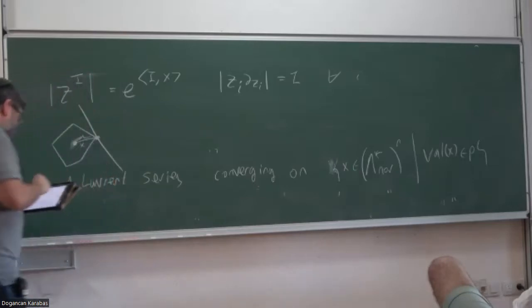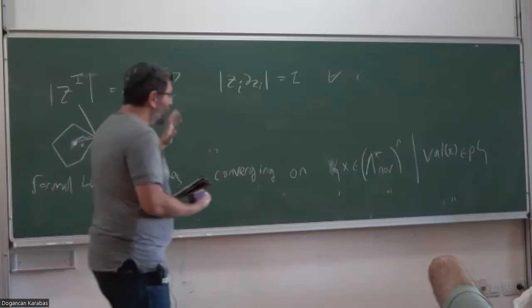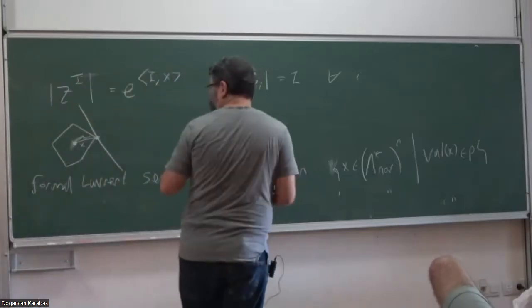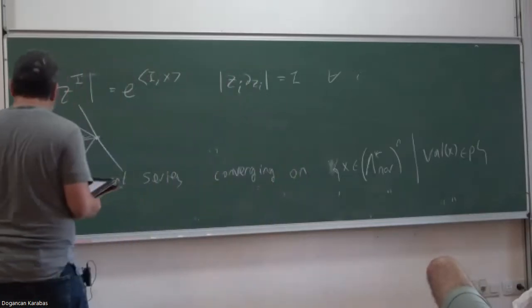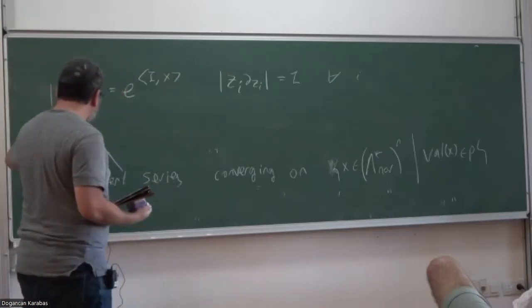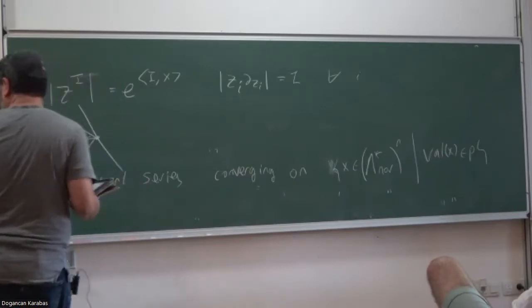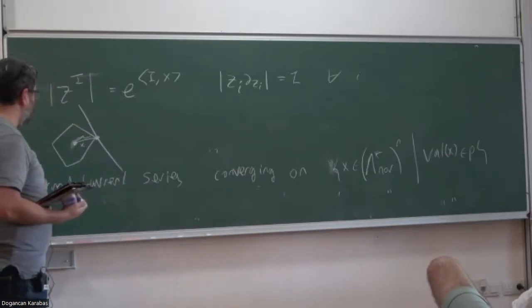Okay, so hopefully this makes some sense. So the symplectic homology is basically, in this case, analytic functions on the formal non-Archimedean mirror to the cotangent bundle of the torus.